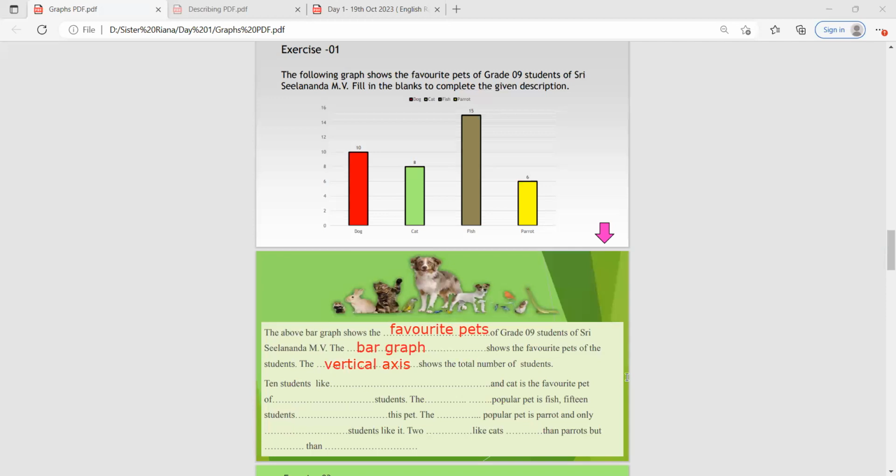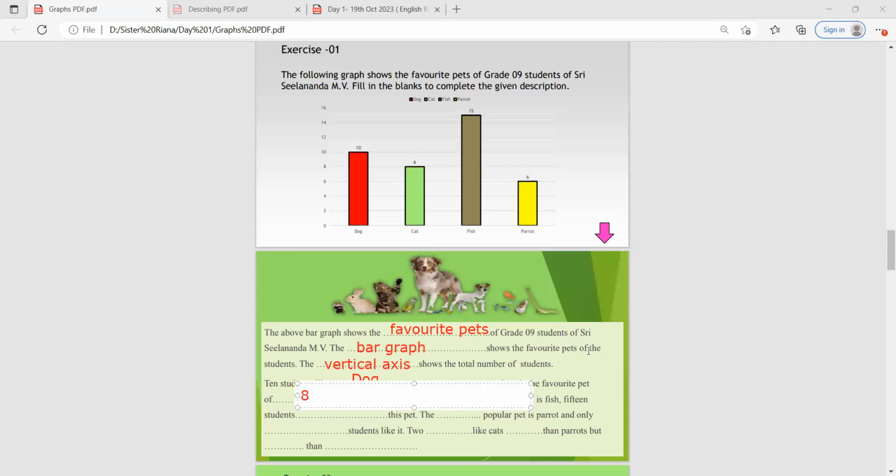10 students like, now according to this, 10 students, they like dog, and cat is the favorite pet of 8 students.